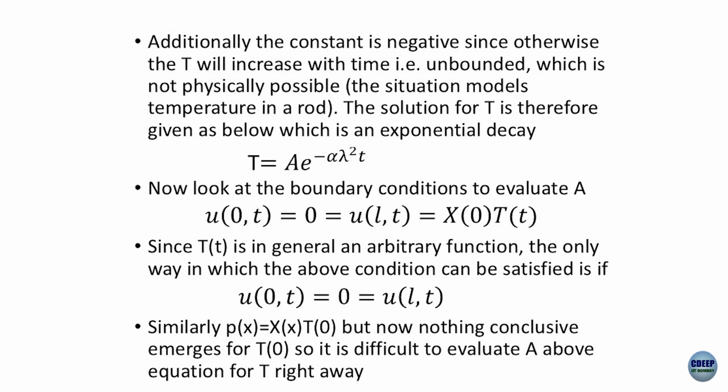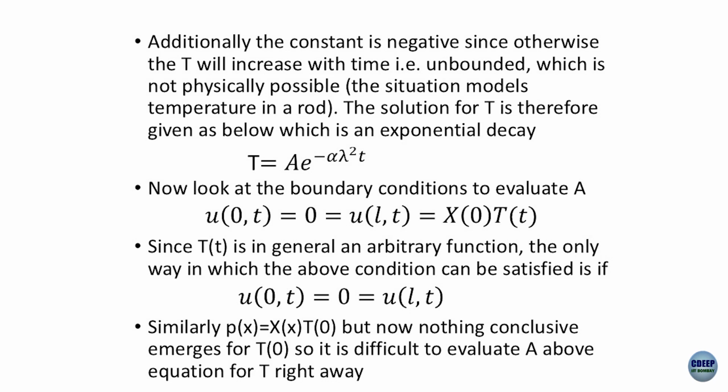And now it's time to go ahead and get the solutions for the capital X, and you need to find out the boundary conditions, if you will. At x equal to 0 and at x equal to L, we said that the variable u is equal to 0. And from there, what you can do is to extract X of 0 equal to 0 and X of L equal to 0.